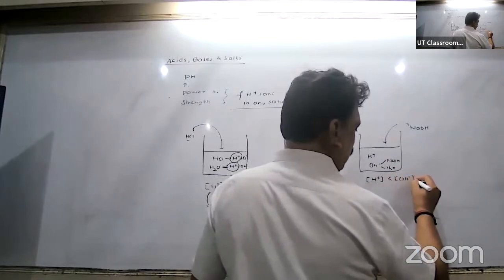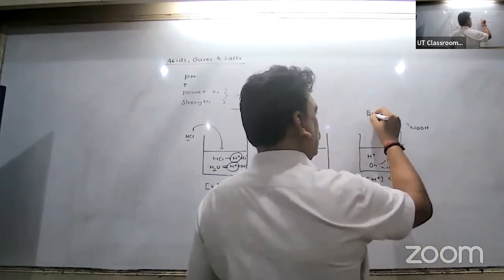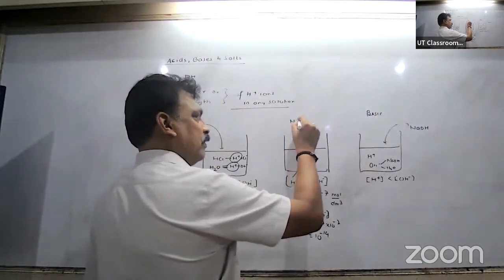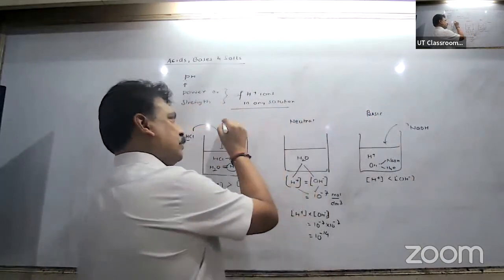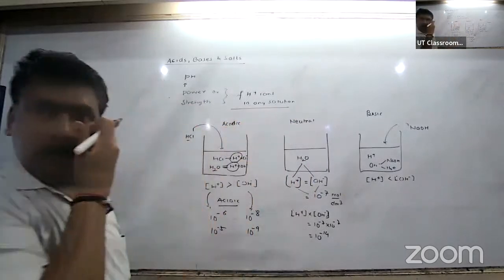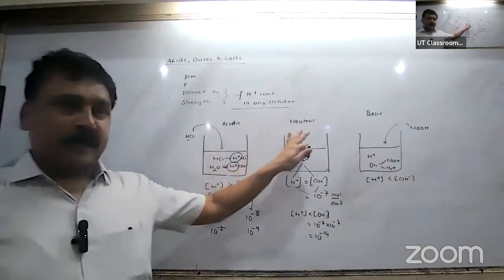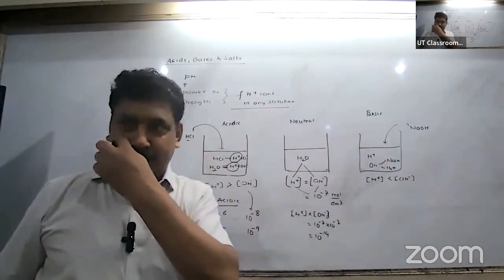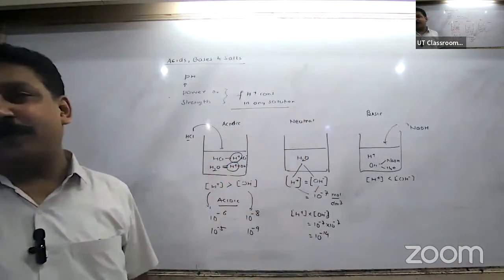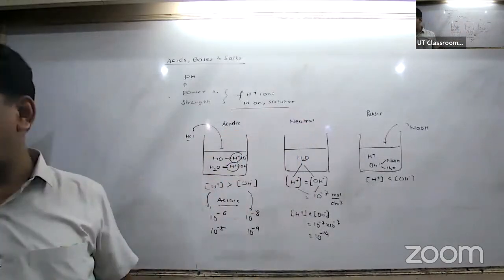The solution will become basic. This water is neutral, and this will become acidic. Because there are three types of solutions in which a reaction can occur: one is acidic, second is neutral, and third is basic. Like crops can grow in neutral soil, acidic soil, and basic soil, depending upon what crops you're trying to grow.